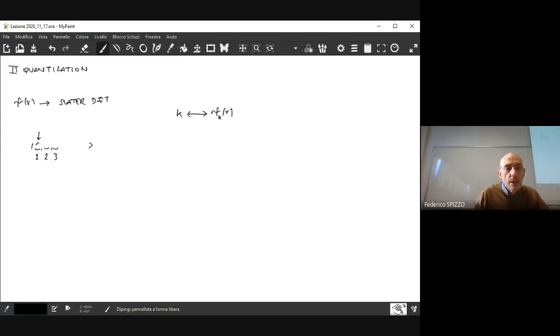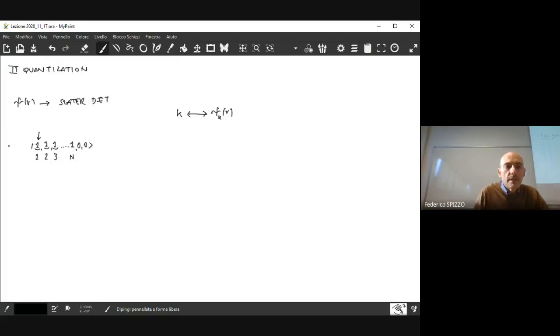So in this case, we have 1, 1, 1. We have one last time 1 when we consider the last occupied level. So this is the level corresponding to the nth electron in the system, and then we have 0, because the levels above the Fermi energy are unoccupied.